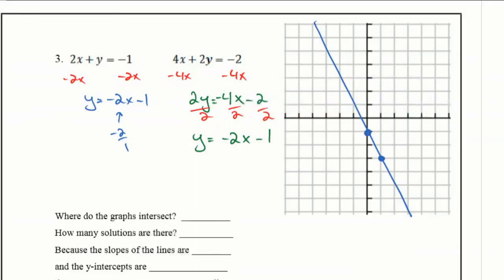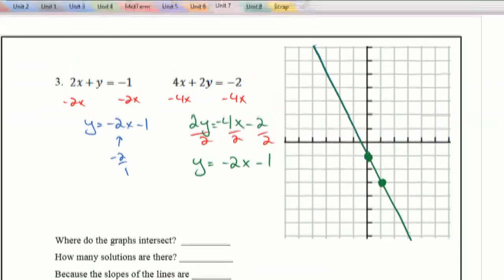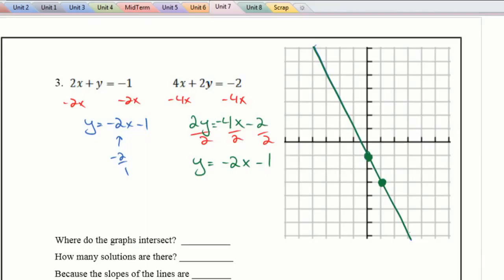So plot my y-intercept, minus 1, and use my slope, negative 2 over 1. What just happened? I just changed my line from blue to green.